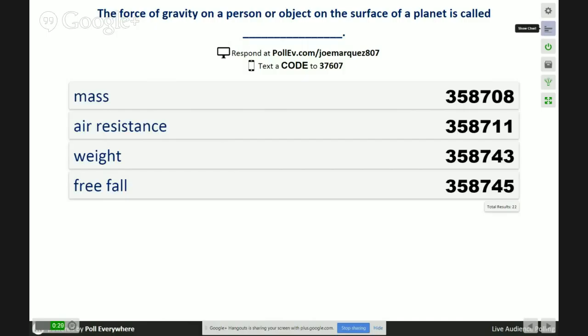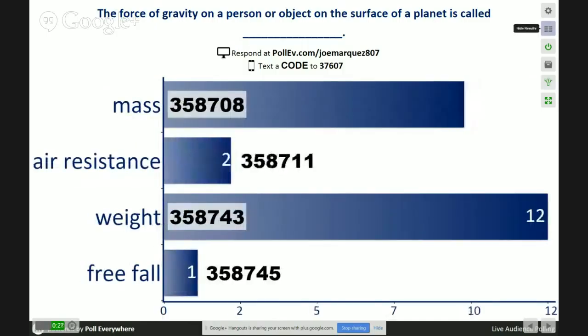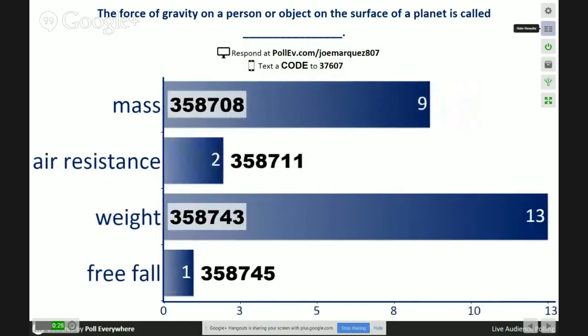All right, let's see. Ooh, we're all over the place, but weight wins out, and that's true. Now, remember, your mass is your mass is your mass. Your mass on Earth is the same as your mass on the moon, is the same as your mass on Jupiter, is the same as your mass on the space station.